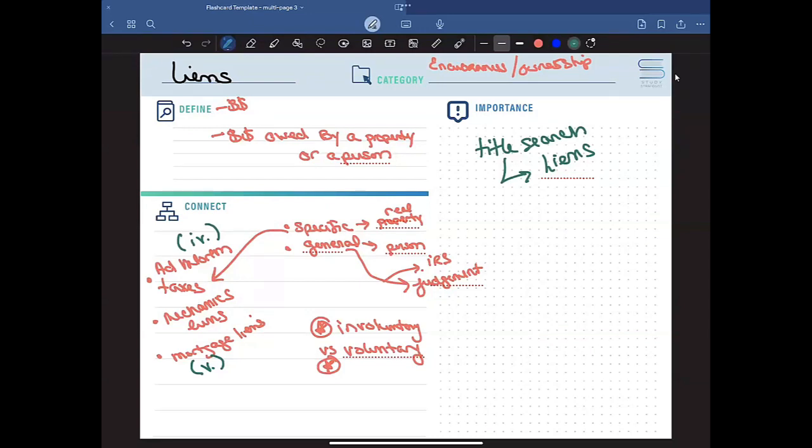Makes sense? And if the lien could not be removed, did you still want to buy the house? No.